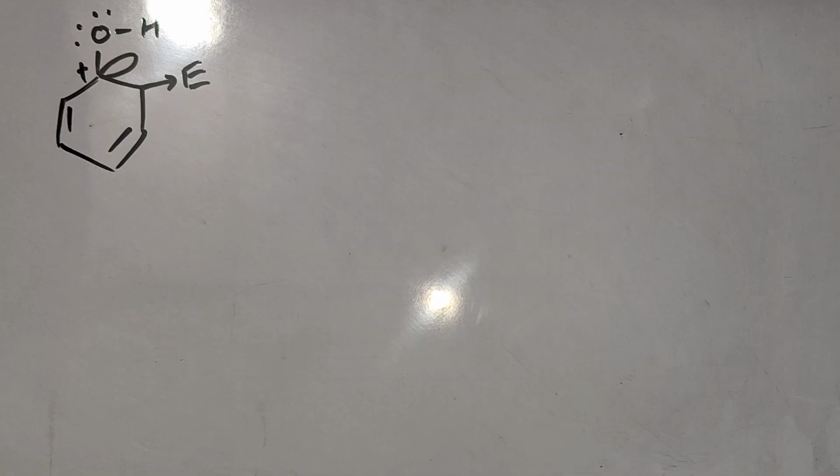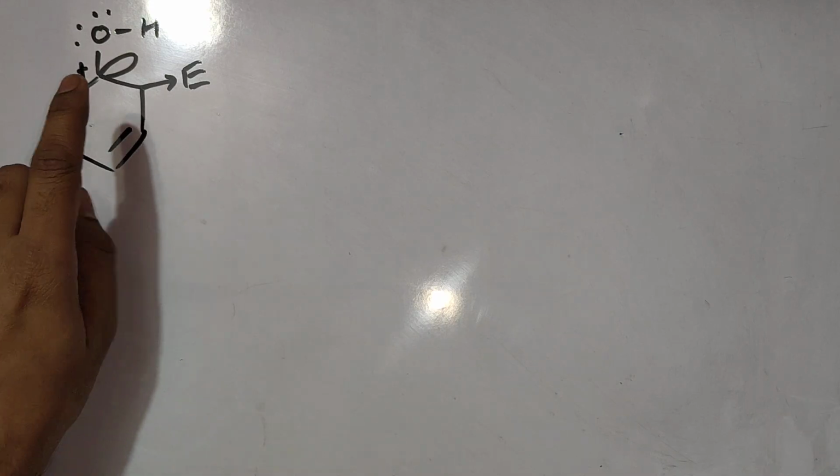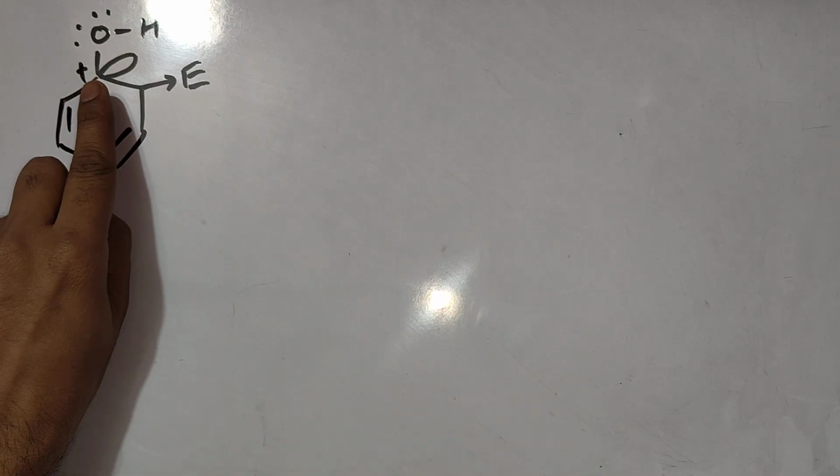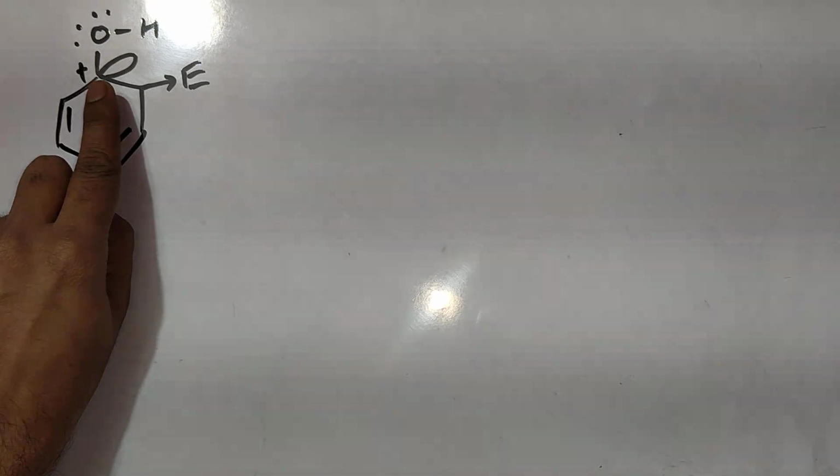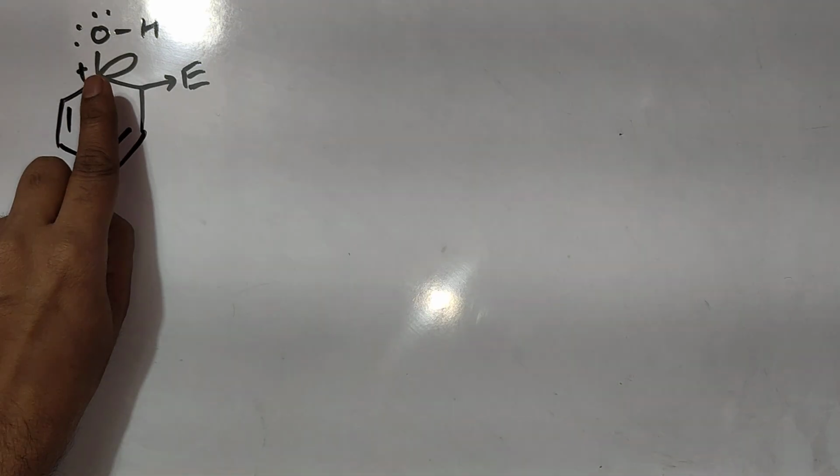But which intermediate is getting better stability? That we are looking for. Now this intermediate is unstable due to this positive charge. Let's check how many ways we can decrease this positive charge on this carbon.